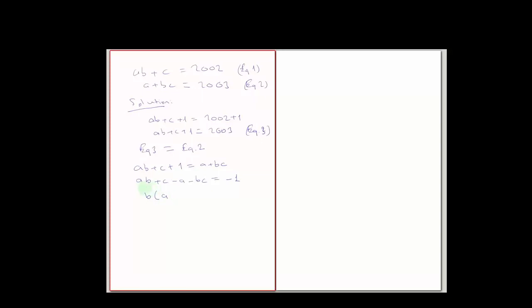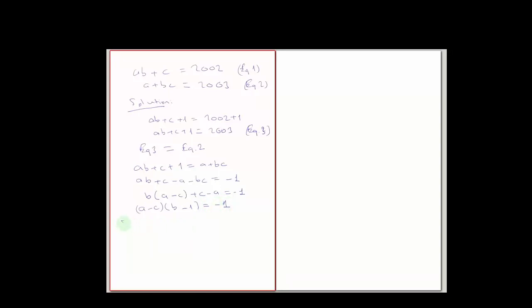We will have A from here and minus C from here, plus C minus A equals minus 1. Now we can take A minus C in parentheses again: A minus C times B minus 1, that will be equal to minus 1.